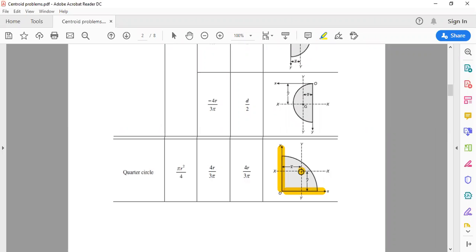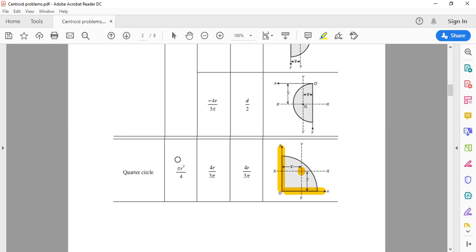So this is the centroid. If you are measuring the distance of the centroid of quadrant of a circle from the face, that is the right angle face, then it is 4r by 3 pi. So the area of quadrant of a circle or quarter circle is pi r square by 4.